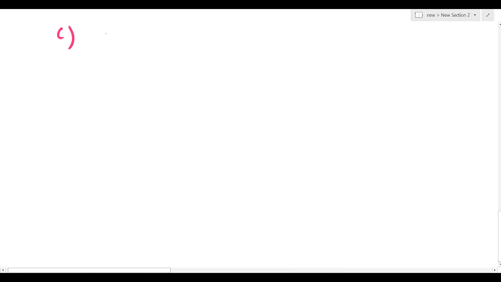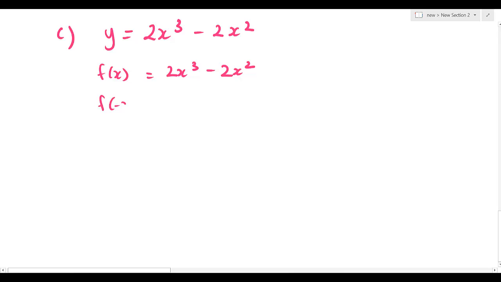Question C is y equals 2x cubed minus 2x squared. So once again, we don't have a definition for f(x), so we substitute y with f(x). And now we are going to define f(-x).